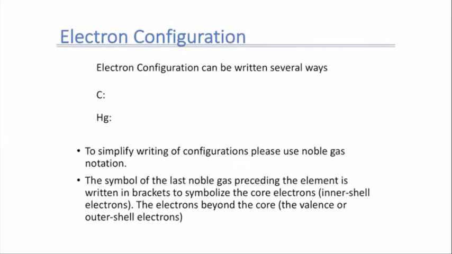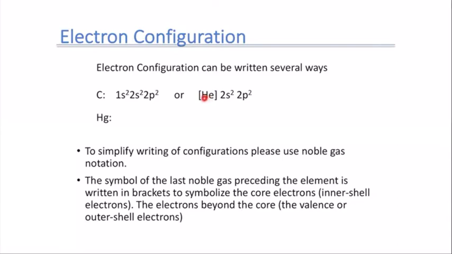So let's practice this and let's look at this a couple ways. When we're writing our electron configuration, we can do the 2 ways. So if I write the electron configuration out for carbon, carbon has 6 electrons. So it's really not too bad. I can write 1s2, 2s2, 2p2.